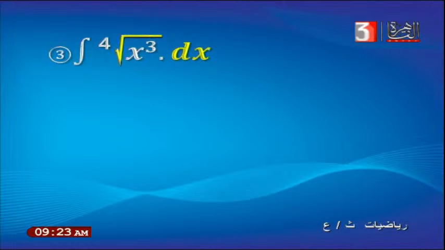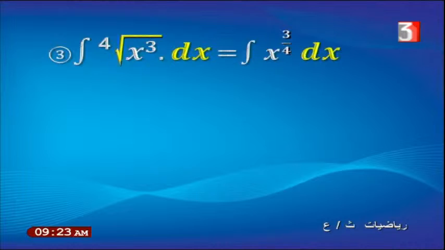Number 3, integration the 4th root of x power 3 dx equals, we can write x to the power 3 over 4. X to the power 3 over 4 is the exponential form, or rational power, of the integration with respect to the variable x.